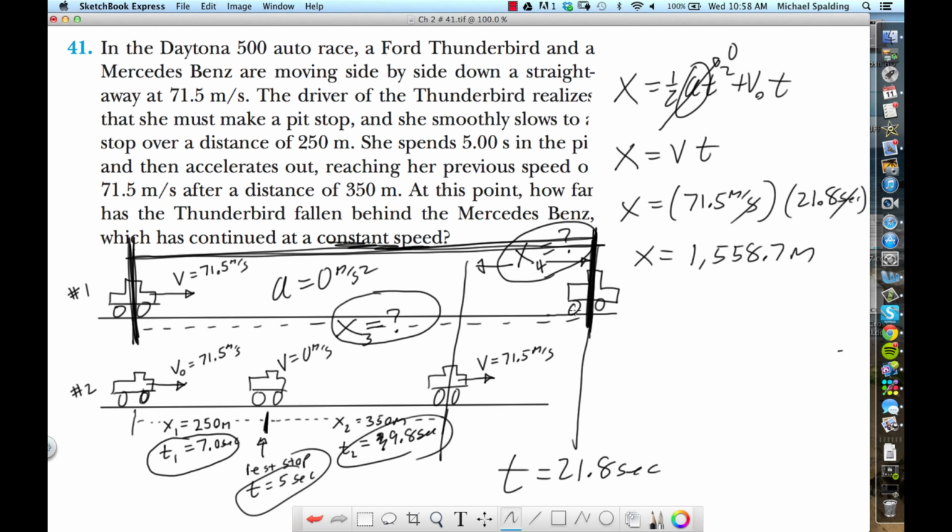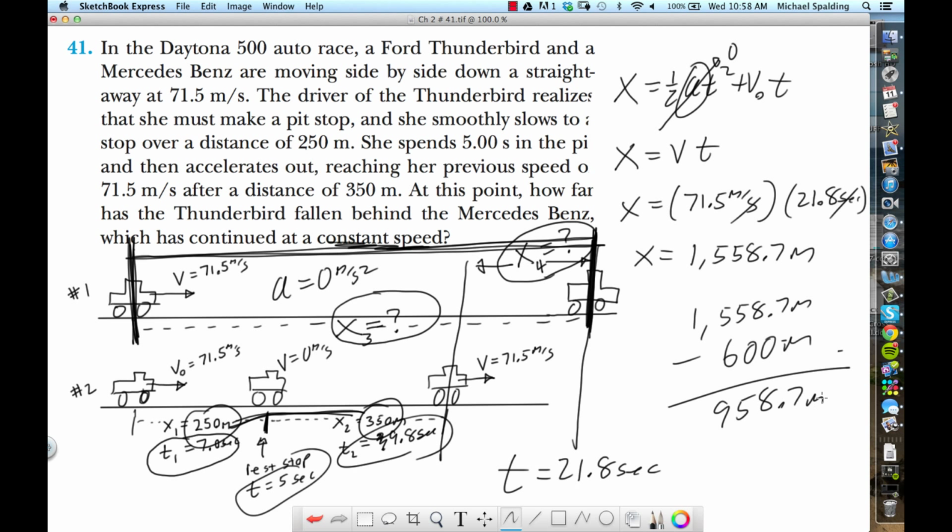So how far ahead will car 1 be? We're going to go 1,558.7, subtract away 600, 250 plus 350, those two added together is 600, and then that gives us the answer: 958.7 meters. Car number 1 will be 958.7 meters ahead.